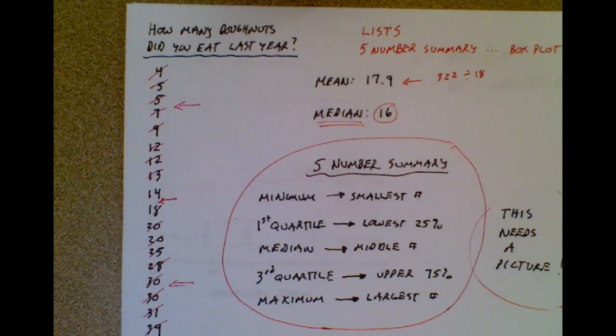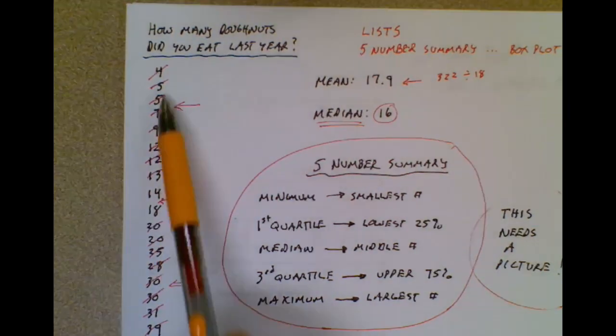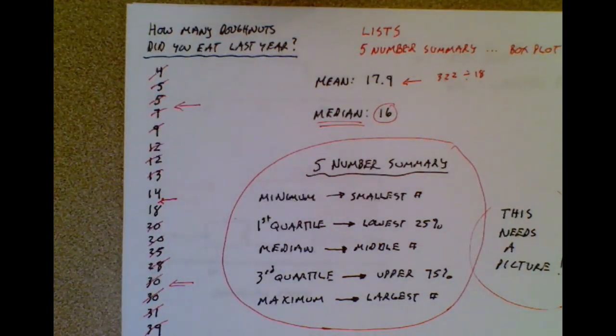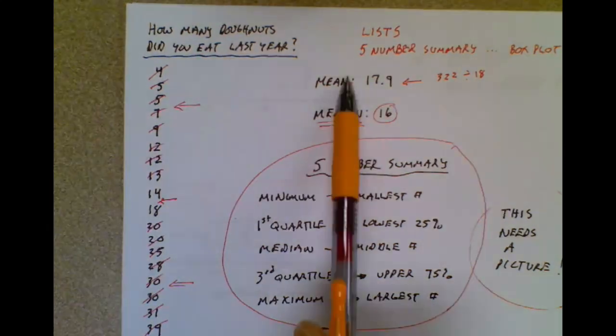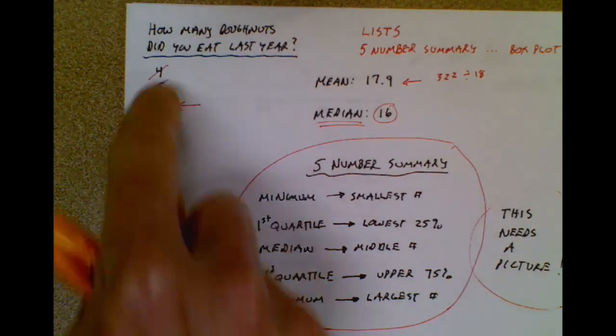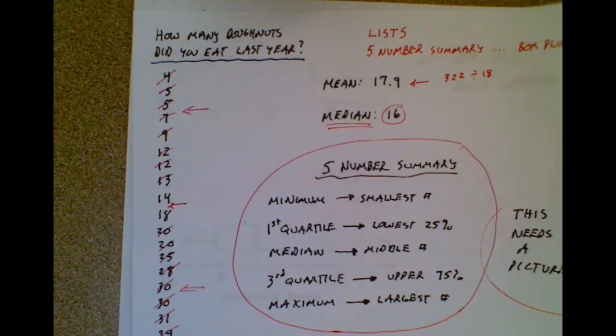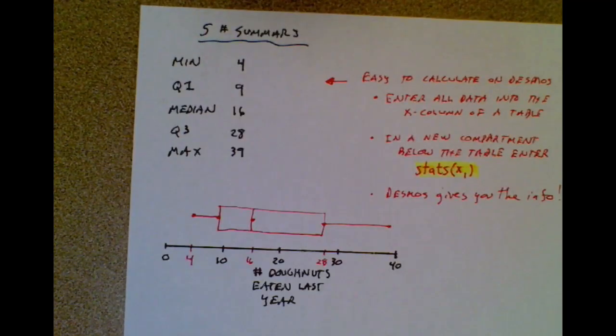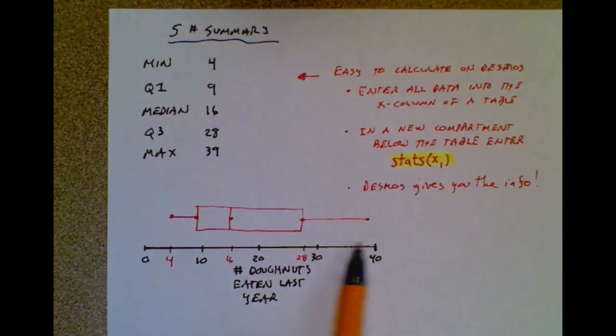So to recap the whole big picture, when you're given a list of numbers, a big blob of numbers doesn't mean much to somebody because they're overwhelmed by all those numbers. You can find the mean and the median from that list of numbers, and that gives you a little bit of information. But if you do a 5-number summary from that list of numbers, then you can take your 5-number summary and turn it into a pretty picture like that.